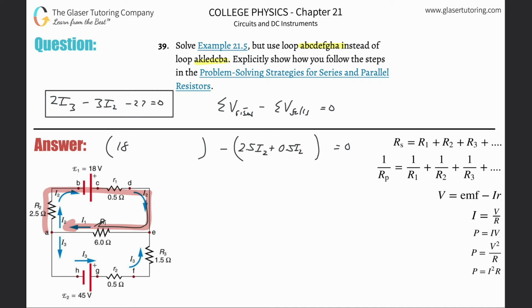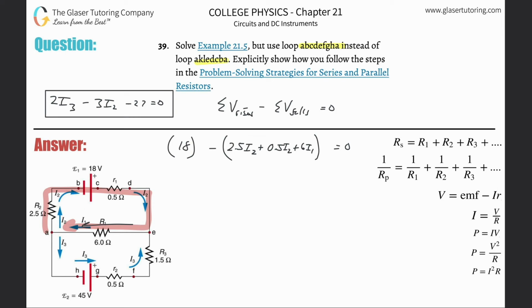And now we're going to go over this way. Now notice we're moving with I1 now. We're moving in the direction of the stated current here, so therefore that's going to represent another potential fall. All right, so I realize that it's only going to be an 18 over here, so I'll move that in. And maybe we'll move this over a little bit, create a little more space. And what we're going to need to do then is plug in 6 times I1. All right, 6 times I1. All right, great.